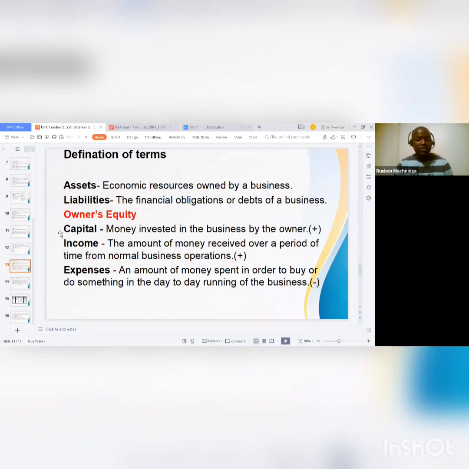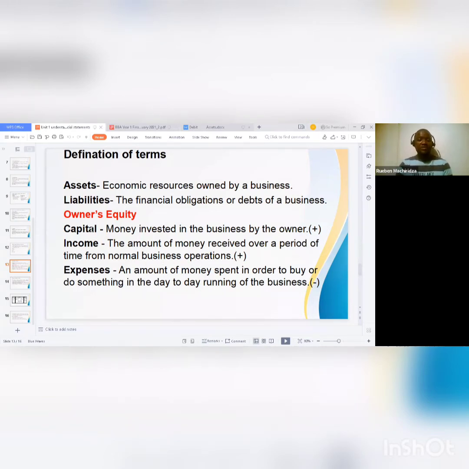A capital has a credit balance. Unfortunately, it's not mentioned on that first slide we talked about, but it should always be known that capital has a credit balance. And then we talk again on the owner's equity. We find income. The amount of money received over a period of time from normal business operations.